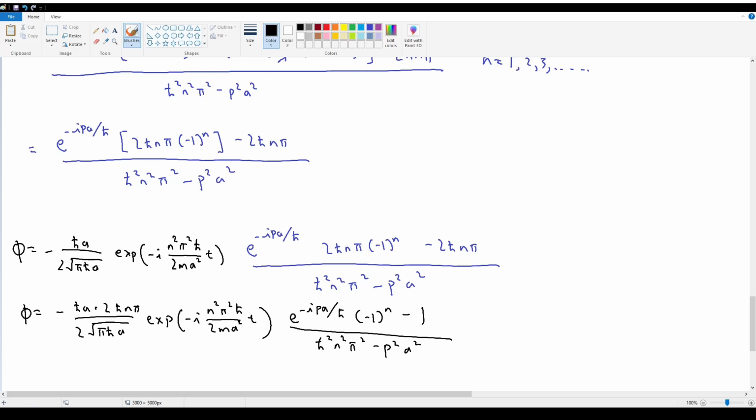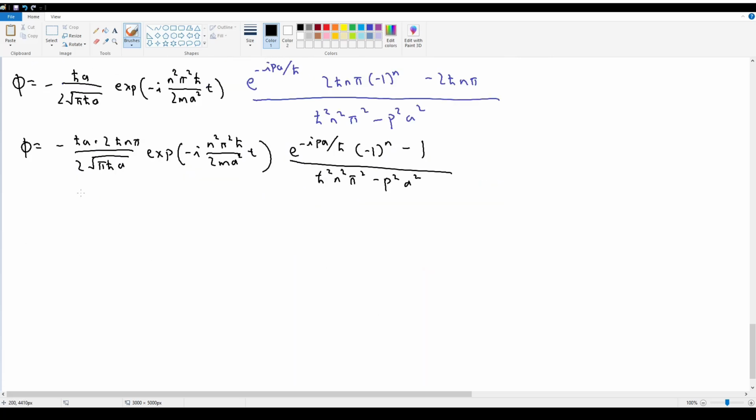And let's now simplify this a little bit. Okay, so the 2's cancel out. And let's make phi equal to negative h bar squared, and then root h bar at the bottom. That's going to give you h bar root h bar. You're going to get a root a on top after canceling out the a, and then you're going to get an n, and then the pi is going to give you a root pi, right?